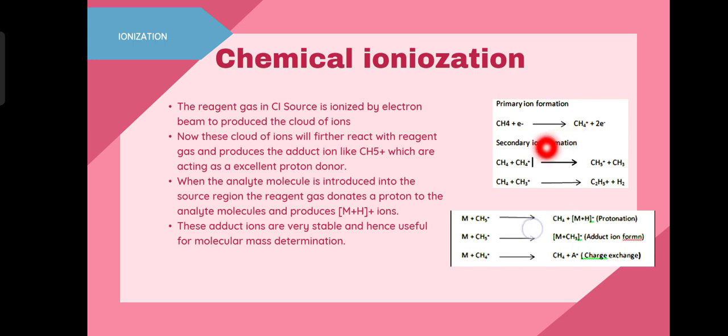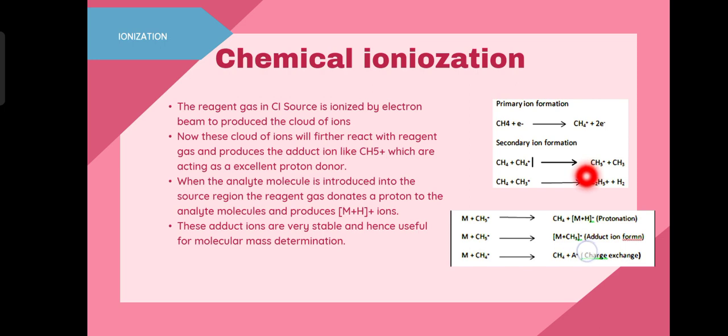Now this primary ion will further react with the reagent gas to produce adducts such as CH5 plus and C2H5 plus. These are nothing but the secondary ions.